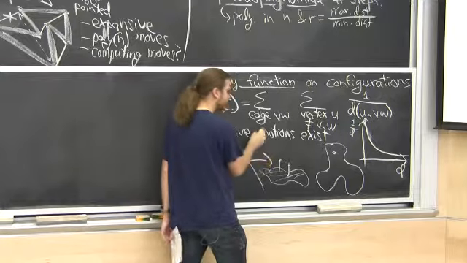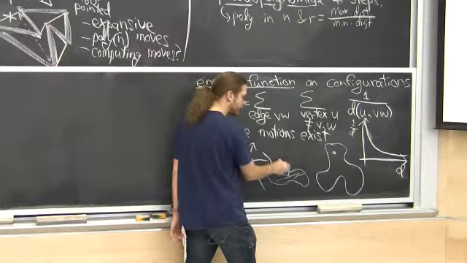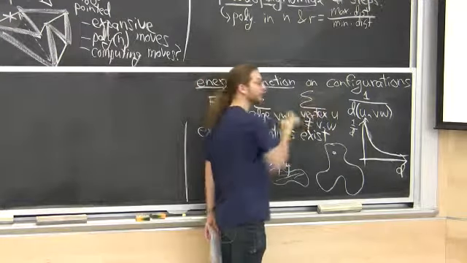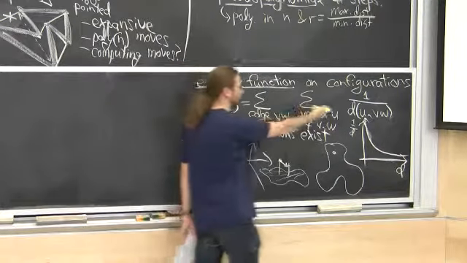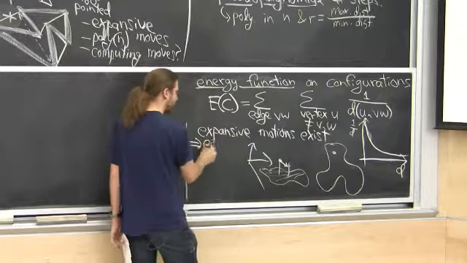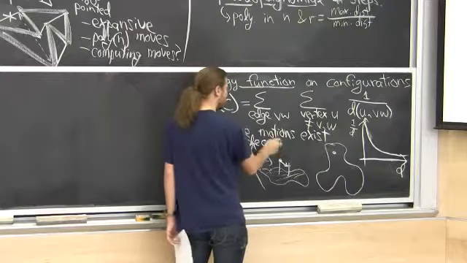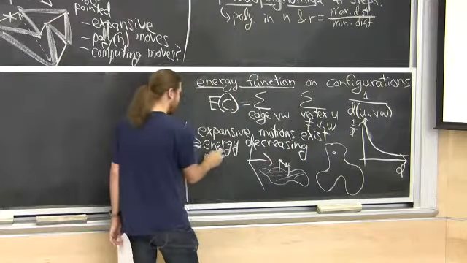What I'm saying is, because expansive motions exist, there has to be a motion from every point that decreases energy. Because if you decrease every distance, you also decrease them on average in this sense. If every term decreases, then of course the sum will. So this means energy decreasing motions exist.